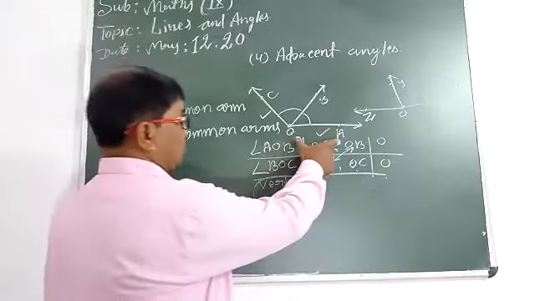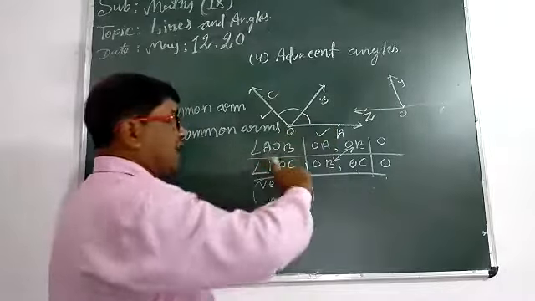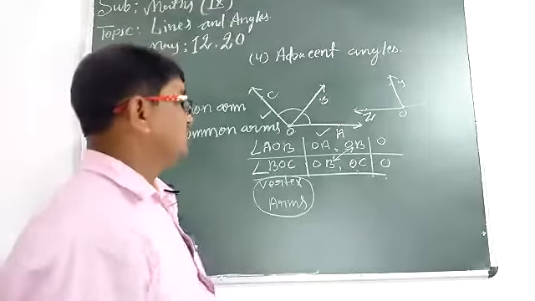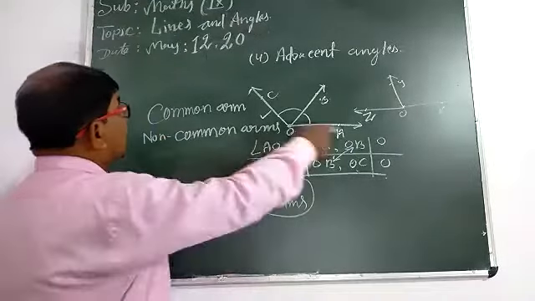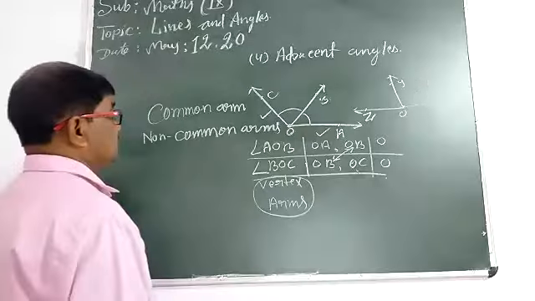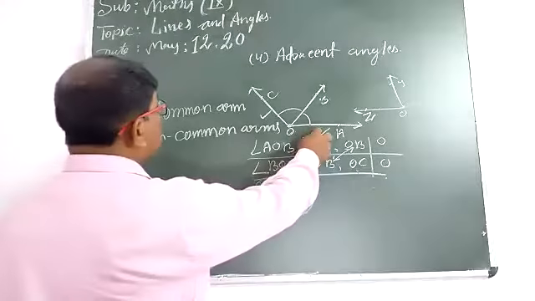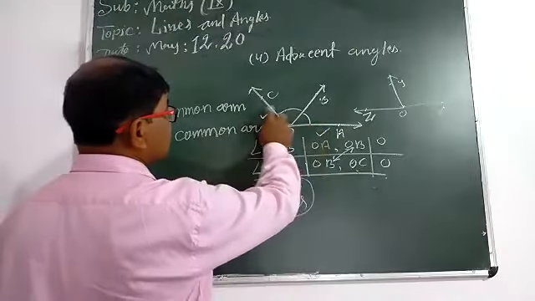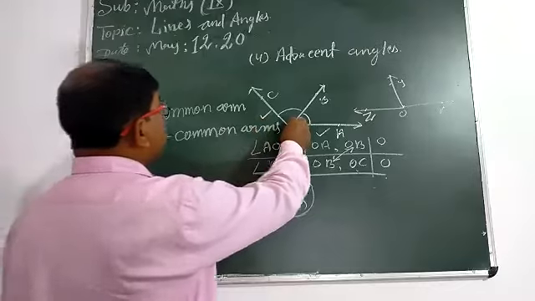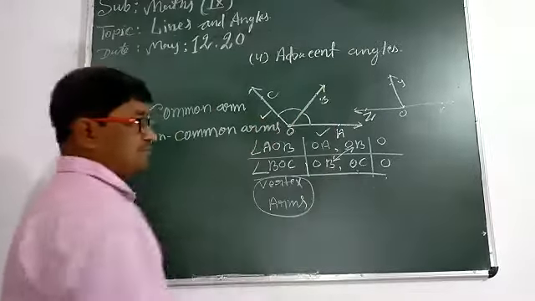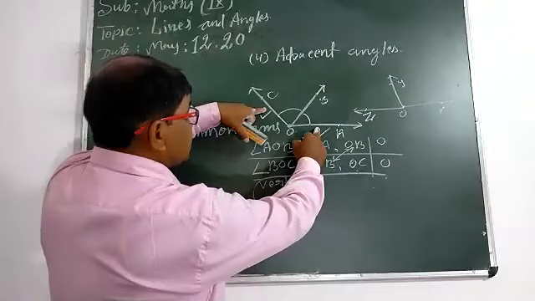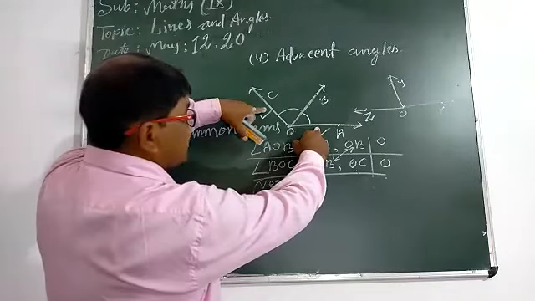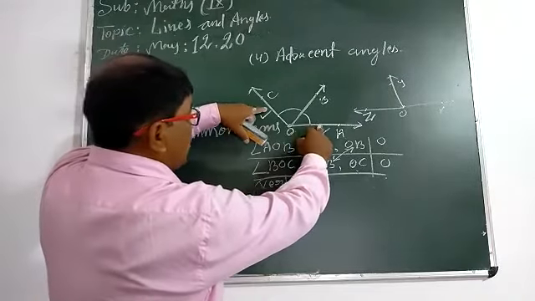Students, OA and OC are not common. Now, we should think about where they are. Non-common arms are on either side of the common arm.